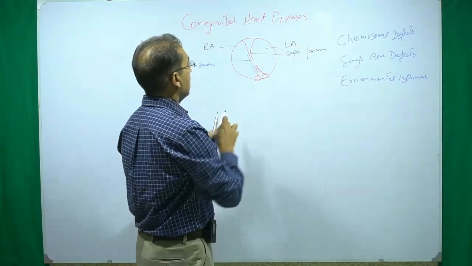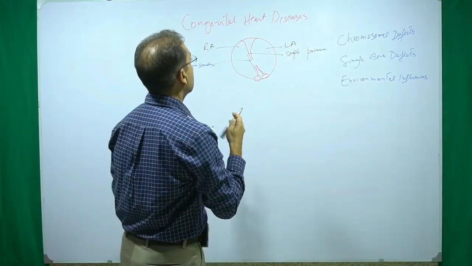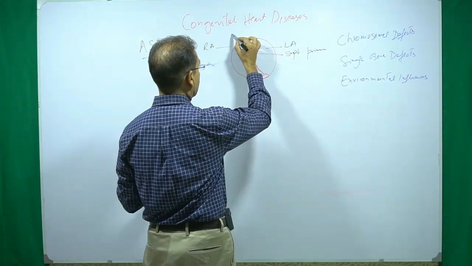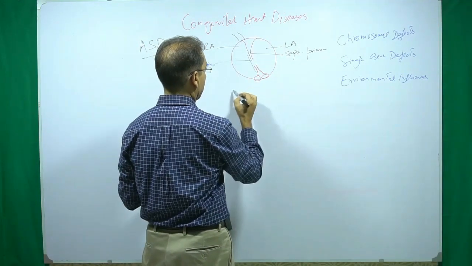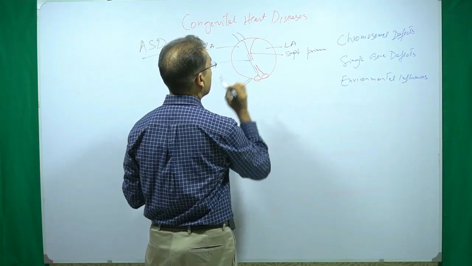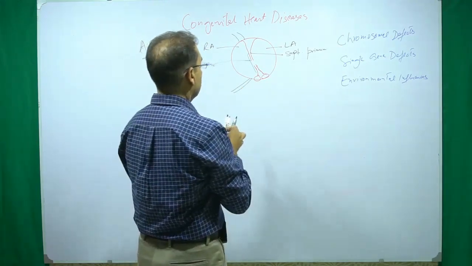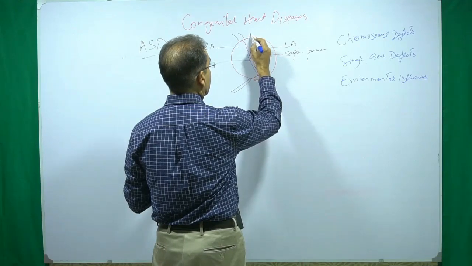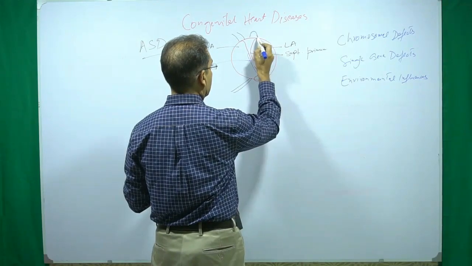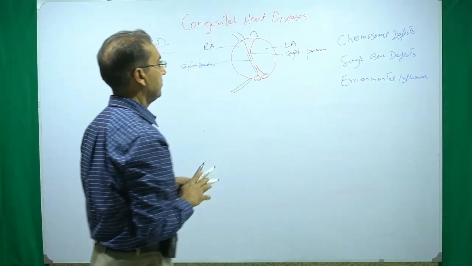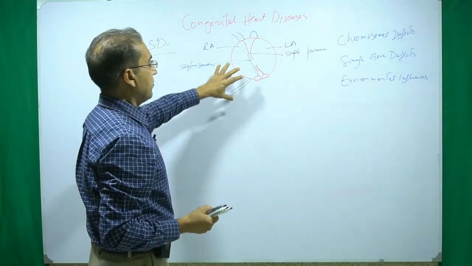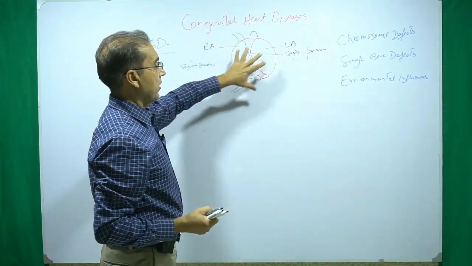And then there are a few more associations, that vena cava may be attaching to this part of the atrium, superior vena cava, or they may be inferior vena cava. And then you've got sinuses, the aortic sinuses, out of which the coronary arteries develop. So the atrial septal defect is a problem in the whole of this apparatus.